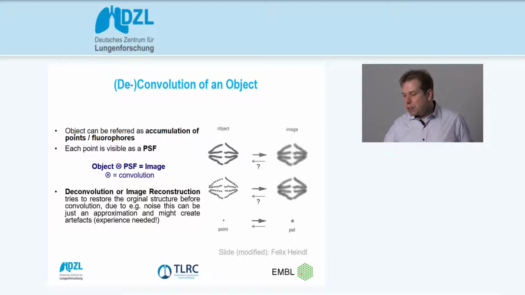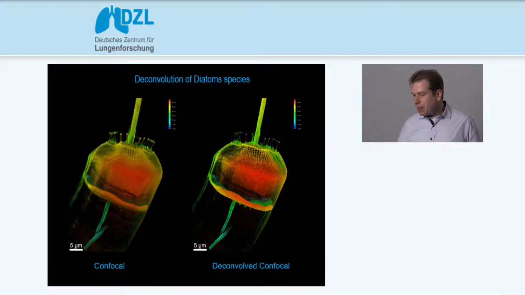I've now picked just one example here, of a species that doesn't have so much to do with medical approaches, but I personally like them. These are diatoms. They live in salt water, for example, very beautiful marine species. Here we stained the silica skeleton of these diatoms.